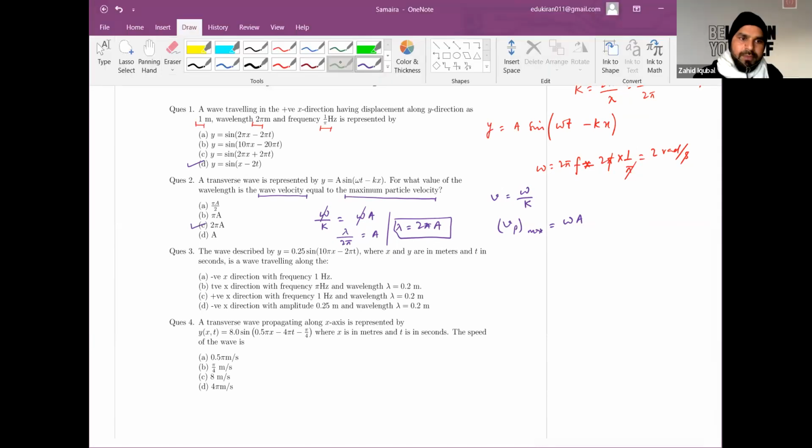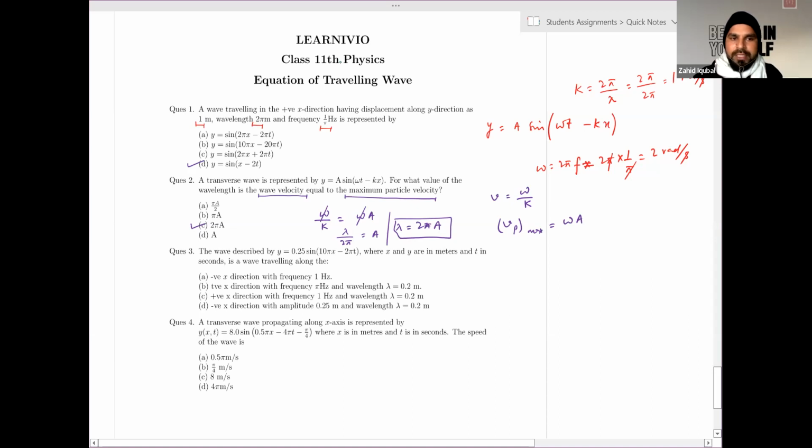In the third question, we have the wave described by y equals 0.25 sin(10 pi x minus 2 pi t). First, in which direction is it traveling? We have coordinate x and there is a negative sign in between, so it is going towards the positive x-axis. Is it clear? Yes, sir. It means option B and option C will be correct, and A and D will be wrong.